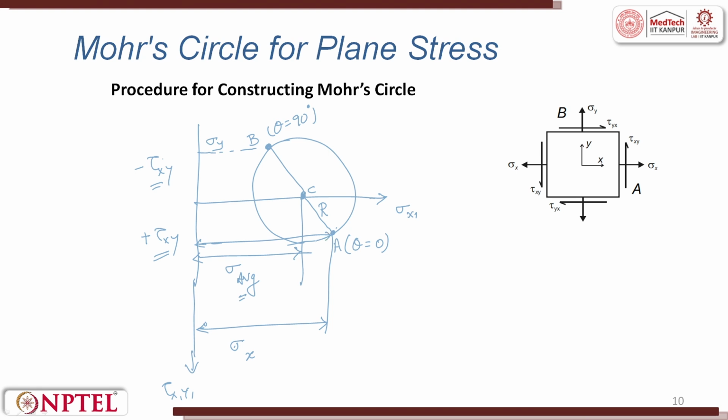So, this is the magnitude for A. So, the magnitude along the tau xy line will be tau xy at point A and minus tau xy at point B. The x axis displacement for A is sigma x and for B it is sigma y. I am sure you will understand the procedure for drawing the Mohr circle.